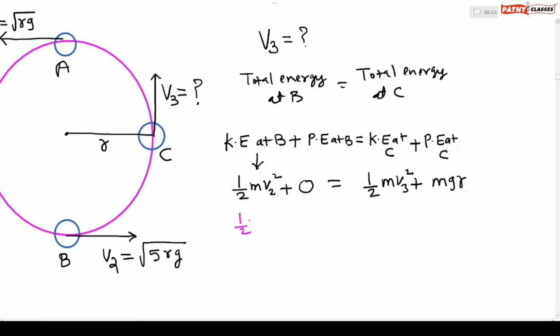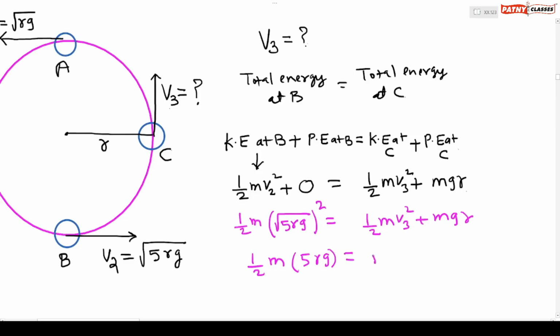So half m times (under root of 5rg) whole square equals half mv3 square plus mgr. This equals half m multiplied by 5rg, and here taking m common, we get half v3 square plus gr. Both sides cancel m.